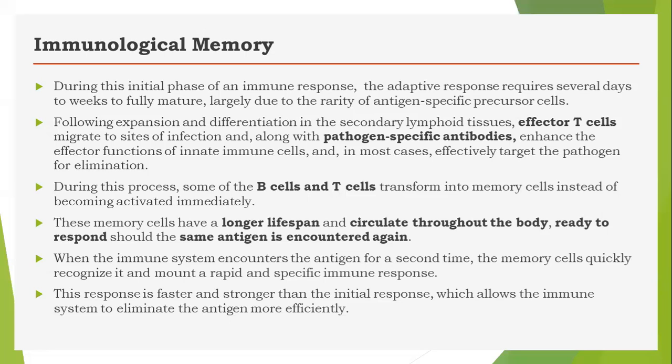Once that happens, we have effector T cells being activated, and B cells which go on to produce antibodies, which are then secreted to attack and activate other parts of the immune system. The memory cells, whether memory T cells or memory B cells, are long-lived and circulate throughout the body, ready to respond at any time should there be re-exposure to a particular antigen.